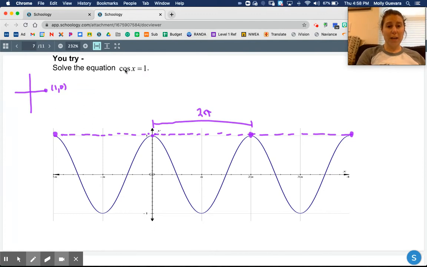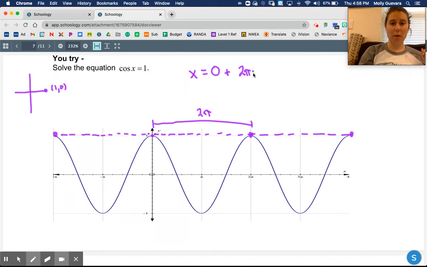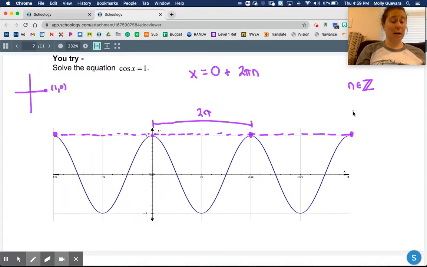So when is cosine of x 1? At 0 radians, so x is 0, plus every 2 pi. And since it can be 2 pi as many times to the right and as many times to the left, that's when we throw in the n. And I'm going to show you a shortcut. If I say n is in the set of a z and then double up the z like that, that's n is an integer.